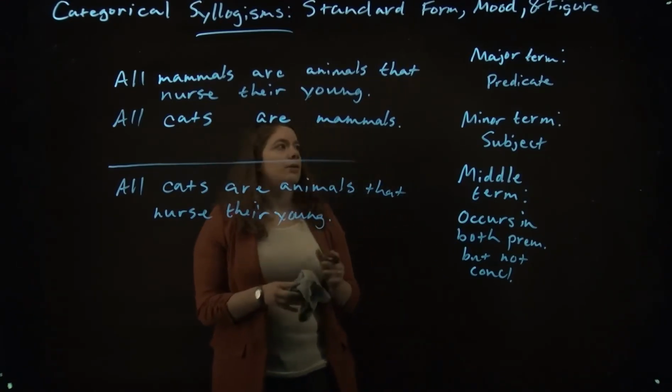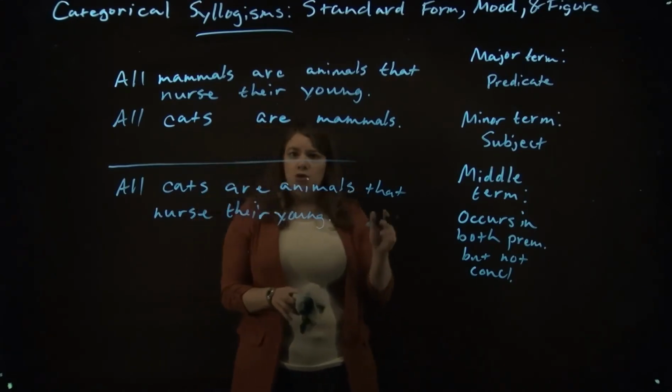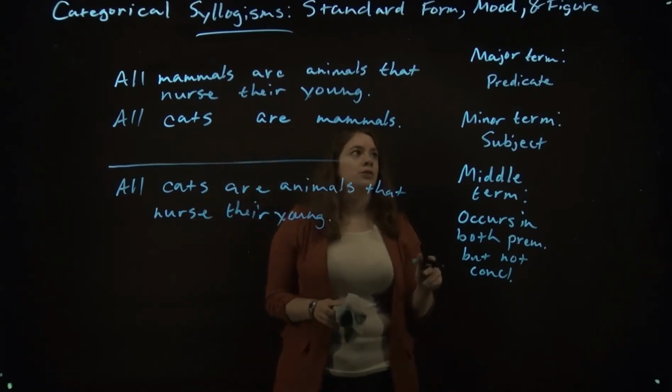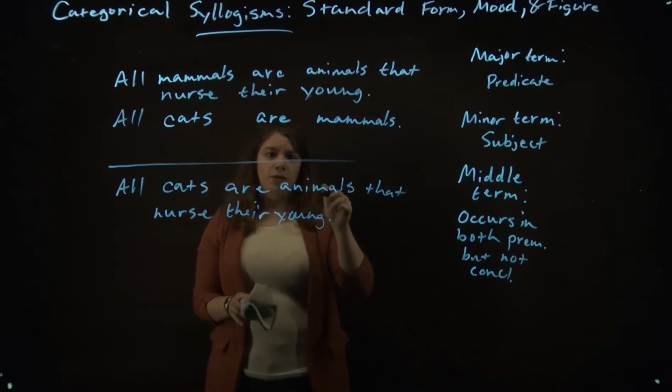Now, to begin the discussion of these syllogisms, there are certain terms we need to clarify. Within each syllogism, there is always a major, a minor, and a middle term. The major term is always going to be the predicate of the conclusion.